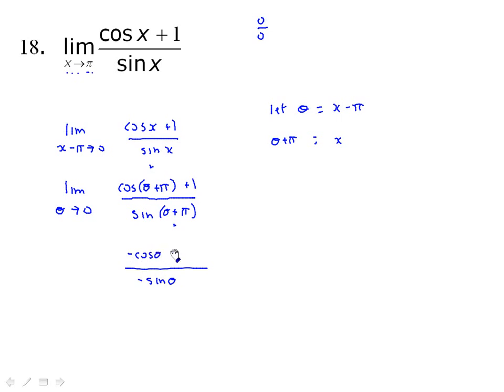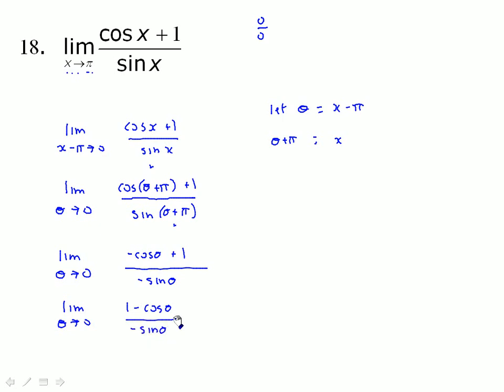So this still doesn't look like it's a good situation, but it's a better situation. Now if we rewrote that one, just to make it a little easier to analyze, we could go 1 minus cos theta on top and negative sine theta on the bottom.